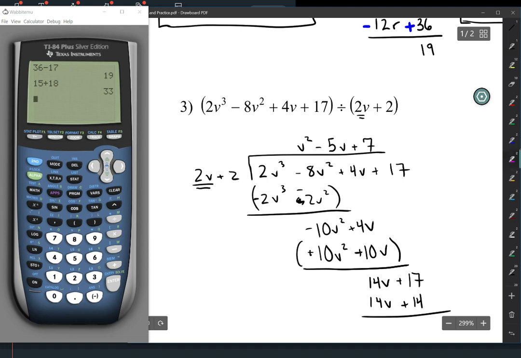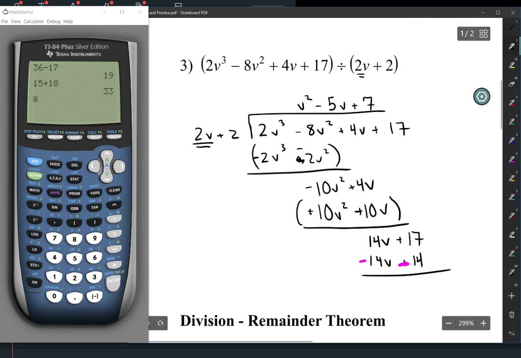And I'm going to switch the signs. And that gives me 3. So 3 is our remainder. So v squared minus 5v plus 7. Our remainder is plus 3 over 2v plus 2, what we started with.